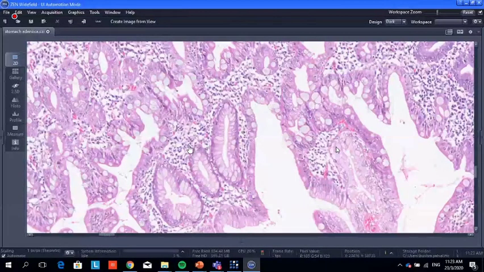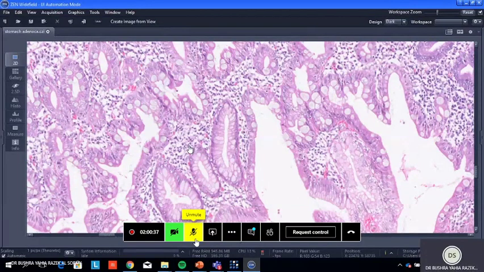Doctor, is gastric adenocarcinoma arising in a background of chronic gastritis with intestinal metaplasia? What is the prognosis of this patient, we said? Is it good or poor? Poor prognosis. Why?